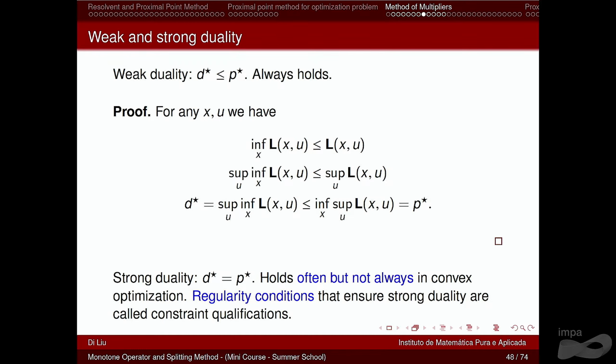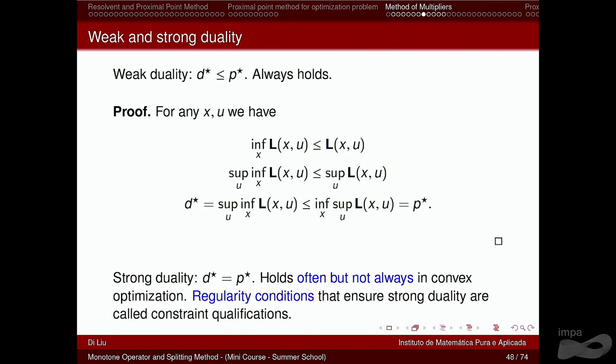For any x, u in the whole space, first we have this, which is just the definition of inf. We just take the inf in x for this saddle function, so this is less than the sup for any x, for any u. From the first inequality, we take the sup in u on both sides, because the sup preserves the inequality here. So we have the sup in u of inf x L is less than the sup u L.